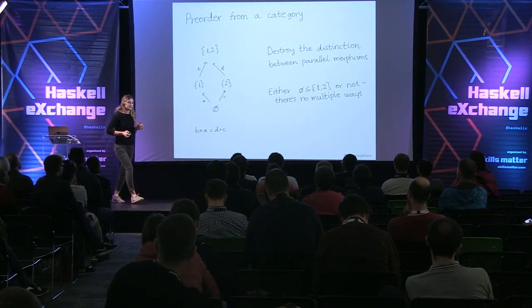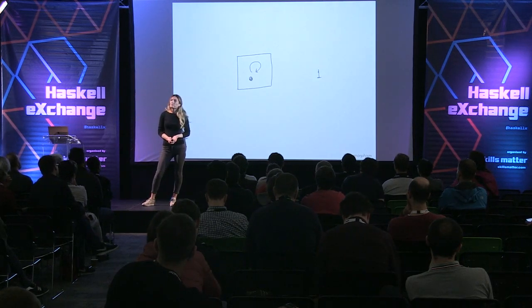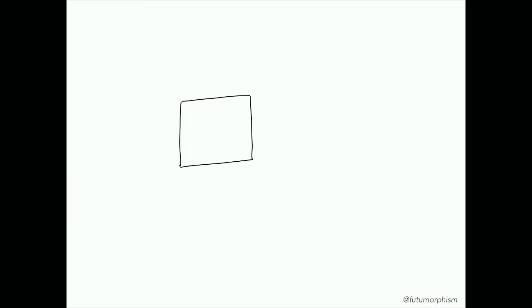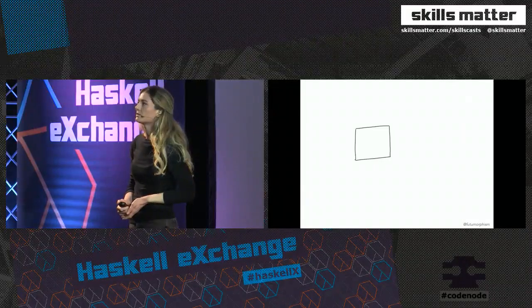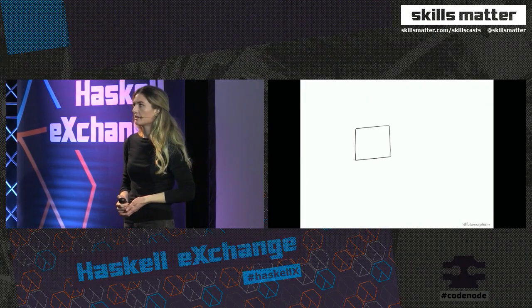Now we're going to look at some basic examples of categories. This category has only one object and only the identity morphism on that object. And it has a name. It's called 1. You might think that's not very useful, but here's another category that doesn't have anything. No objects, no arrows. It's like the equivalent of the empty set for categories.